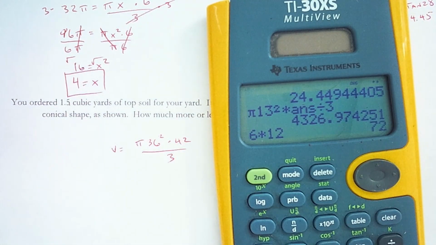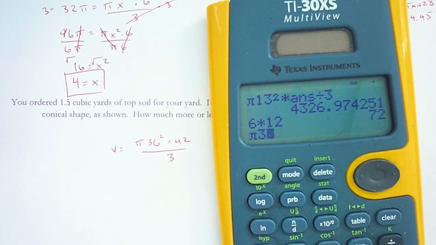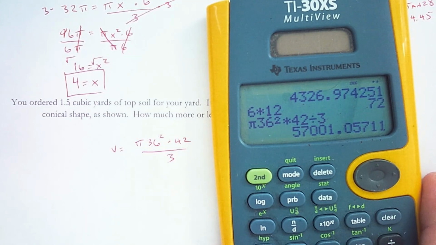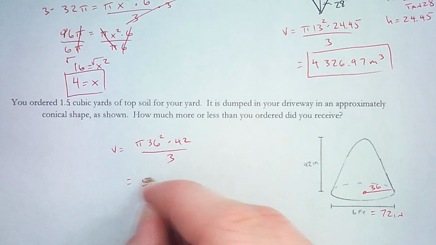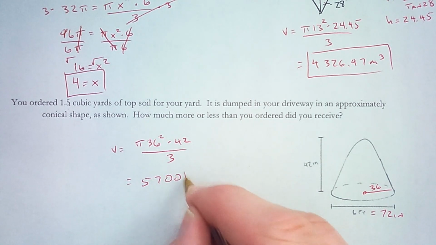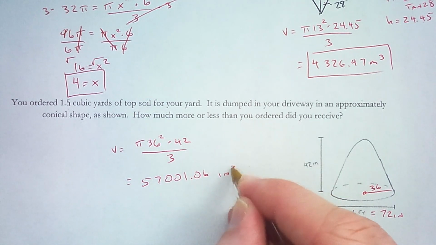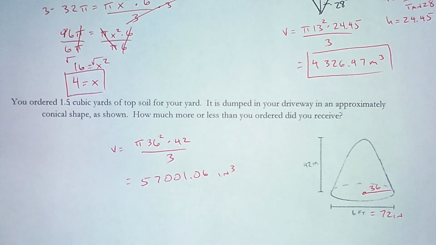We're going to type pi in the calculator. Pi times 36 squared times 42 divided by 3 is 57,001.06. 57,001.06 inches cubed. That's what we got.